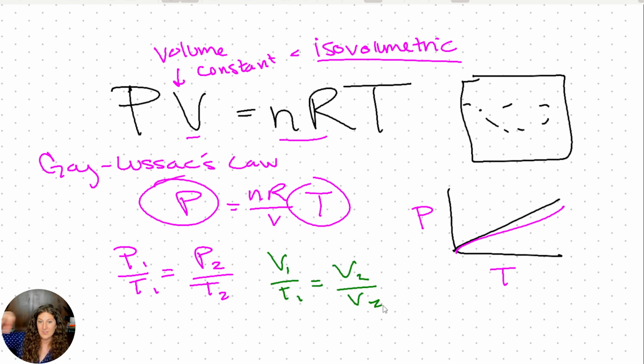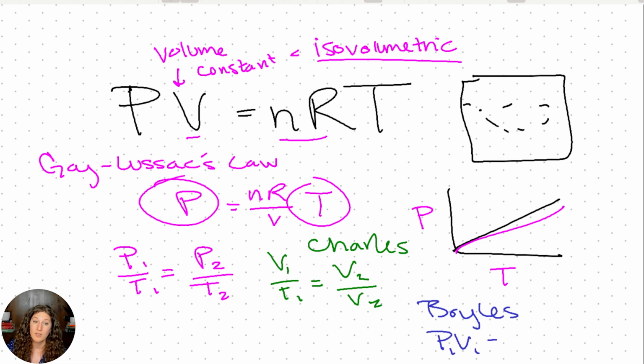This is when we have two sides of a closed system or container and we're comparing, right? And then for our Boyle's law, this is the one that's different, right? For our Boyle's law, we have them on the same side. So pressure 1 times volume 1 equals pressure 2 times volume 2. So now we can see here, if we're increasing the pressure on this side, we'll have to decrease it on that side for volume.